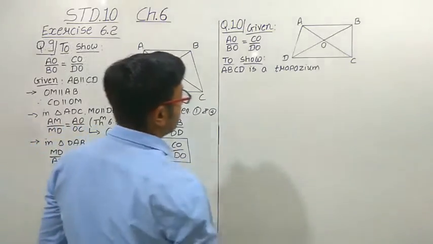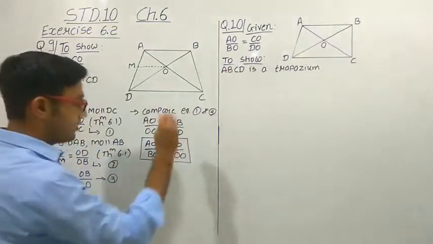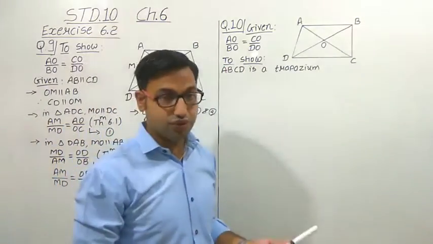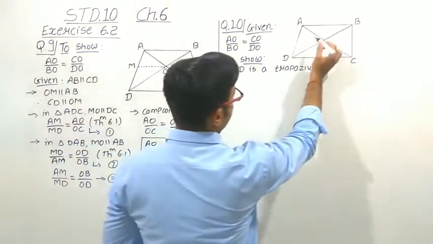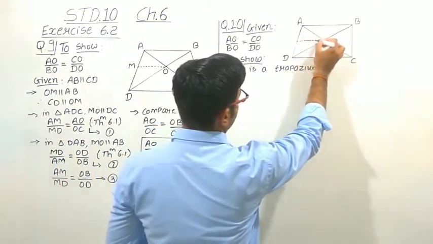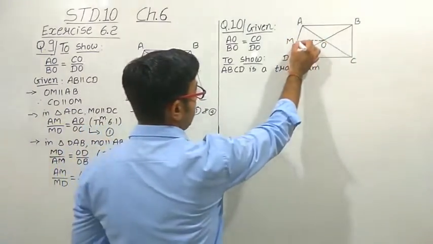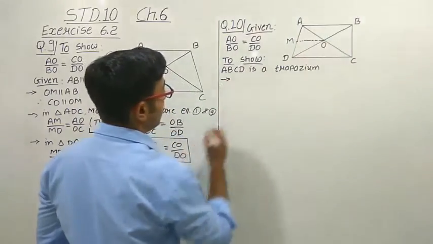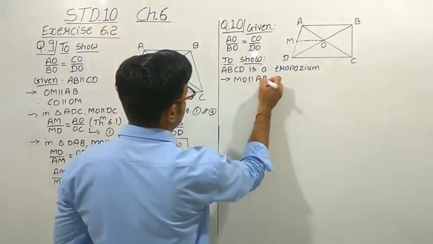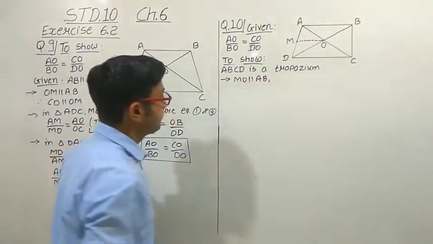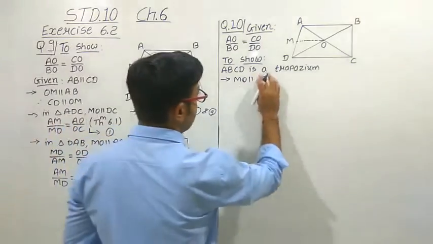So here also, to apply either theorem 6.1 or theorem 6.2, we must have two lines which are parallel in a triangle. So here also we will draw one line MO, which intersects AD at a point M. So here now we have drawn MO parallel to, let's suppose not AB, let us take BC.